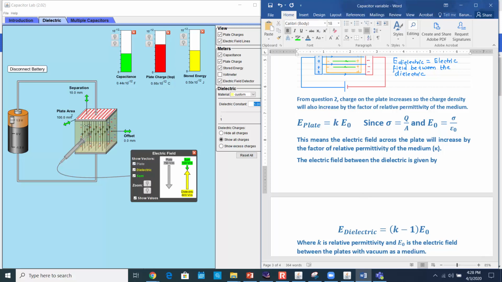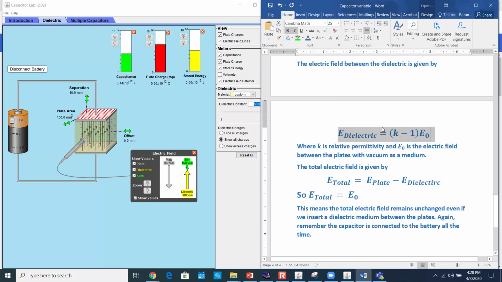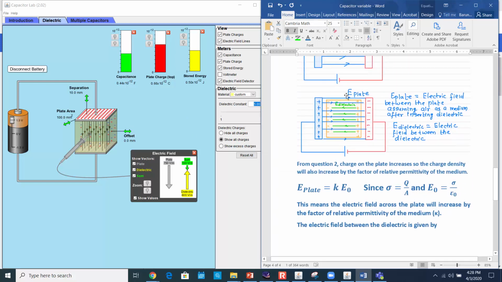The electric field within the dielectric is given by this formula here. And in my next video, I will mathematically calculate why it has this factor. The directions of E plate and E dielectric are opposite.